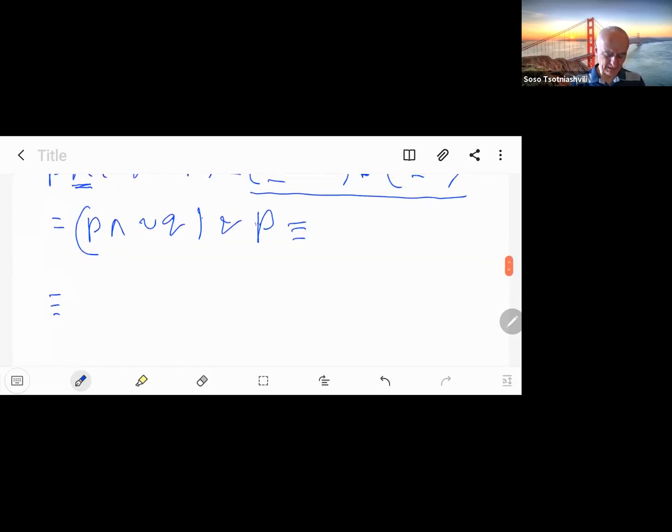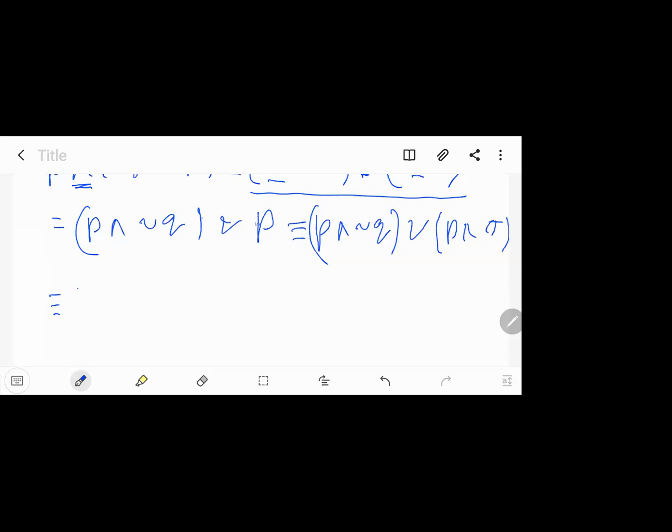Here, if we use the distributive law and multiply it, it looks like you tried it, but did not get a good result. What if I write down P and not Q, I just rewrite the first part, or P and true. Oh, I have an idea before you continue.